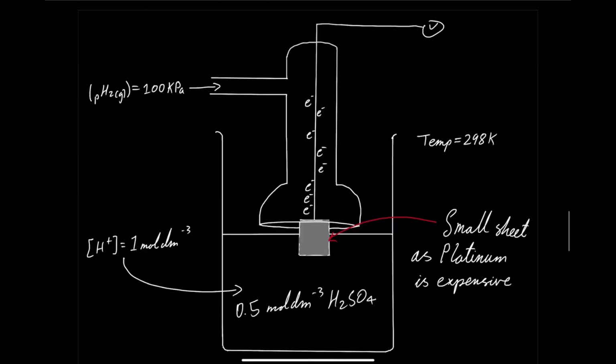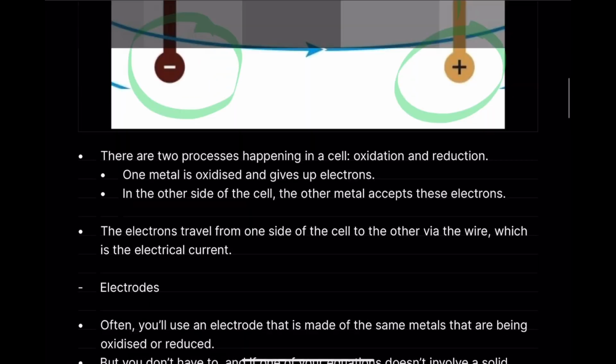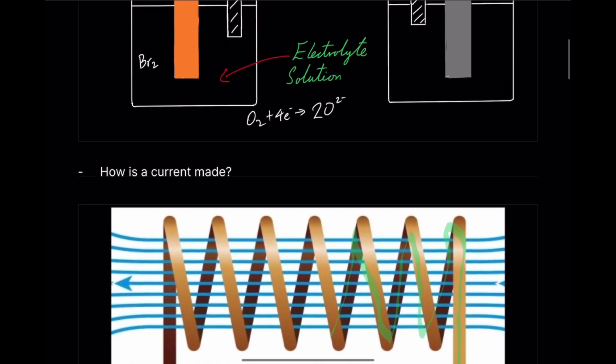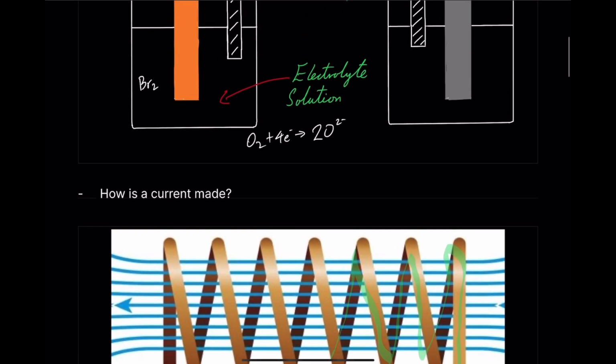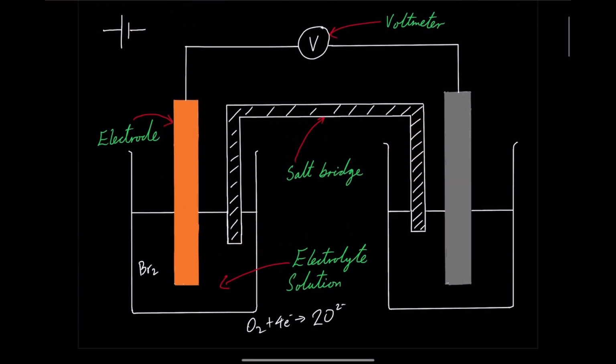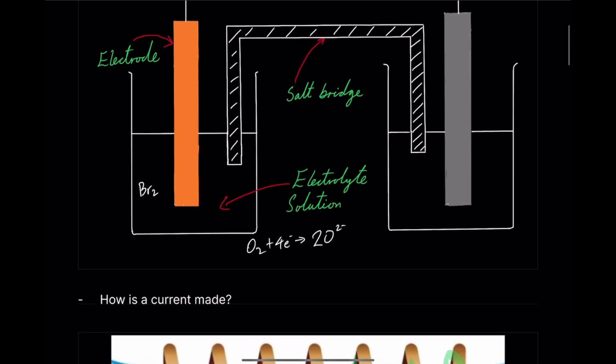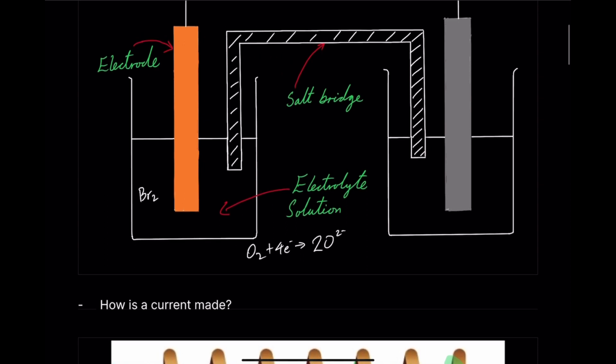I don't remember the specific standard electrode potentials, but say a usual standard electrode potential in the reference book is 0.55. But let's say you use 5 moles of Br2. It will no longer be 0.55.